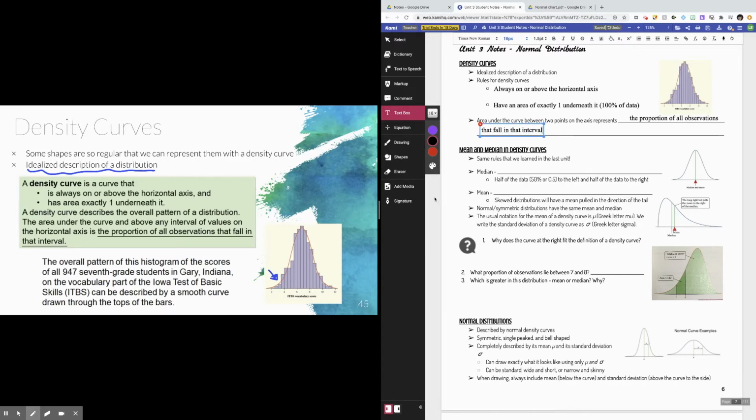Now, density curves don't necessarily have to be normal or bell-shaped like this.